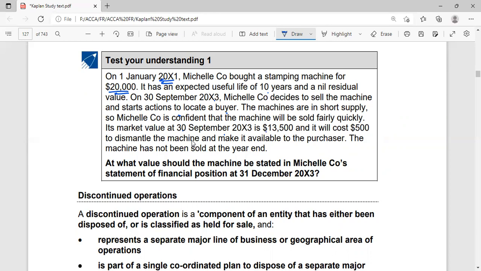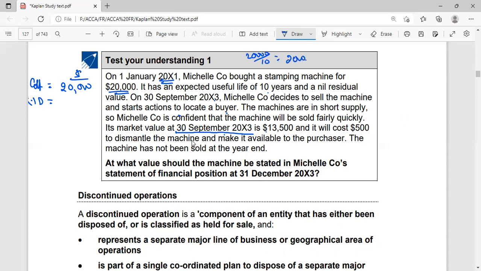In this case, first we need to calculate the carrying amount on 30th September 2003. First, the cost of the asset is 20,000, less depreciation. For how many years do we need to provide depreciation? 2001, 1 year, 2002, 2 years, and the third year. For the third year, what is the depreciation? 20,000 by 10 is equal to 2,000.